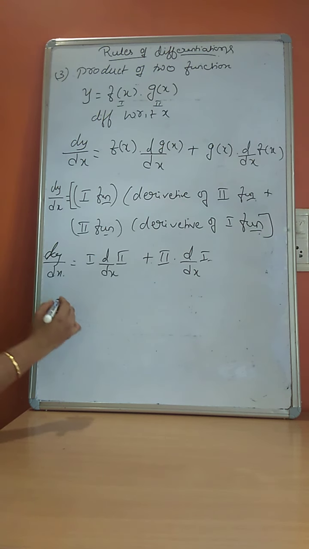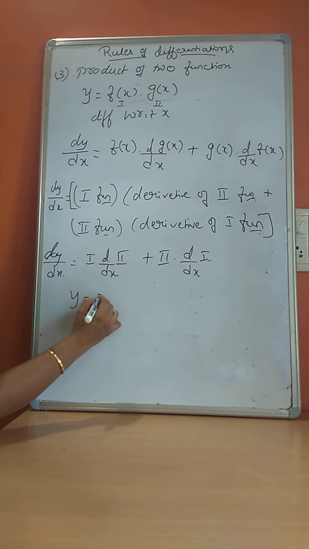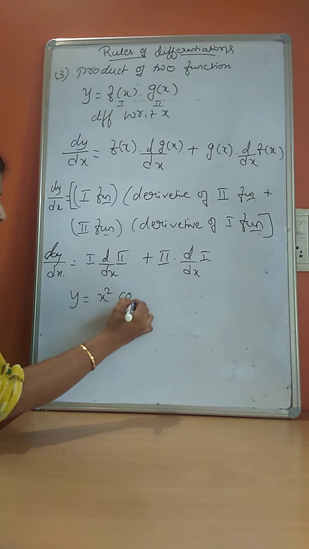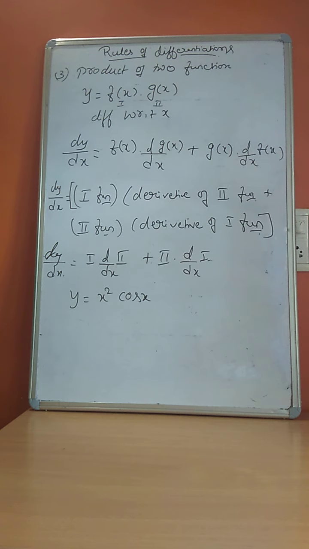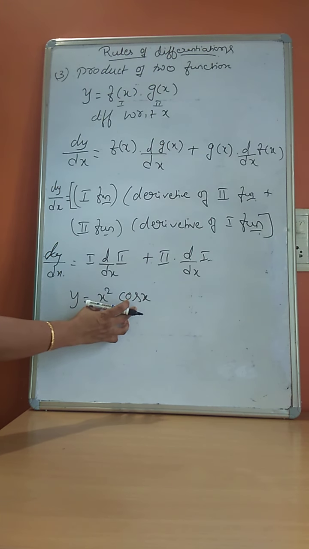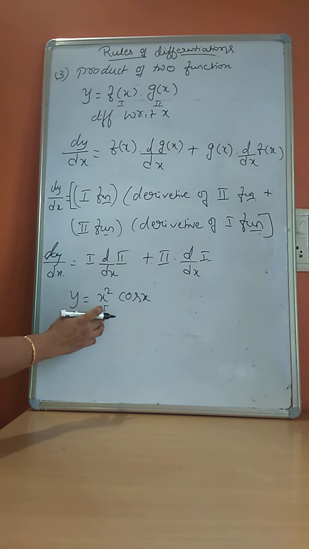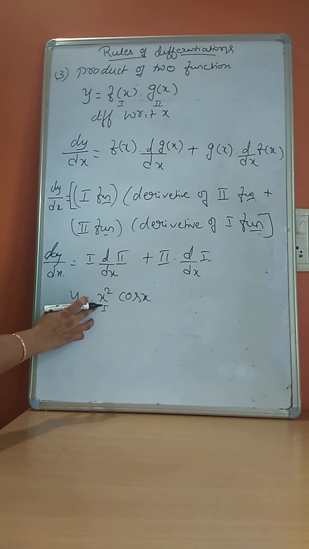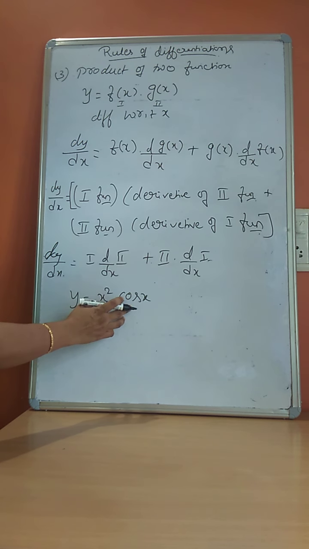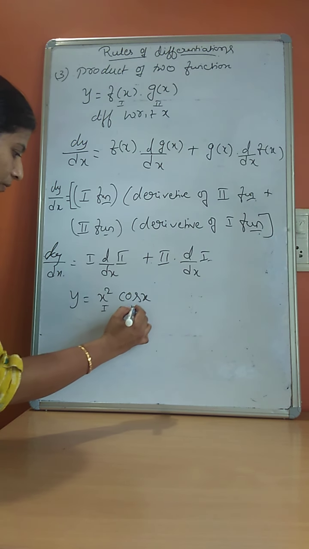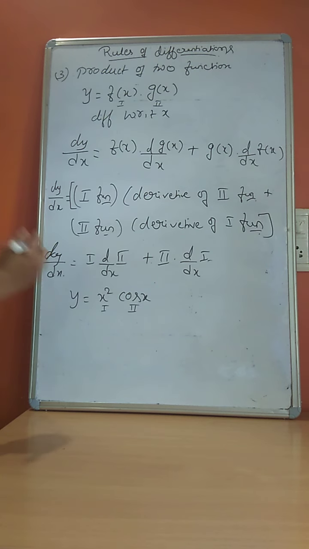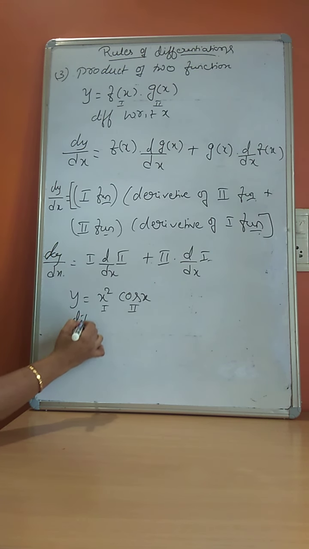Suppose, for example, y is equal to x square cos x. See, x square is there, cos x is there. Here how many functions are there? Two functions. Choice is yours. Either you can take this one as first or you can take this one as first. Next, go for differentiation.